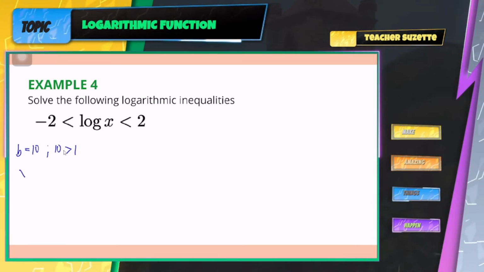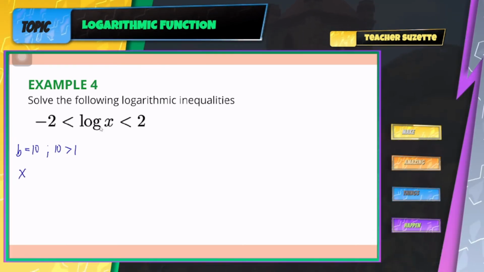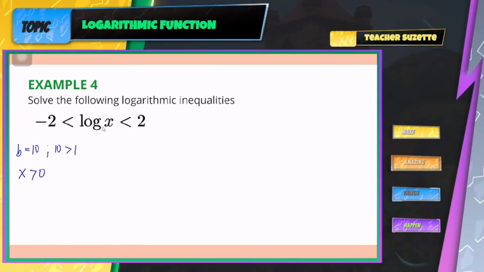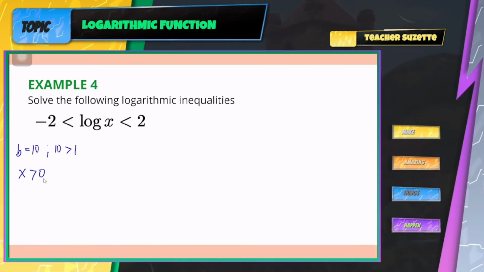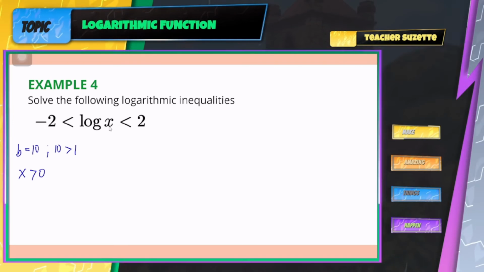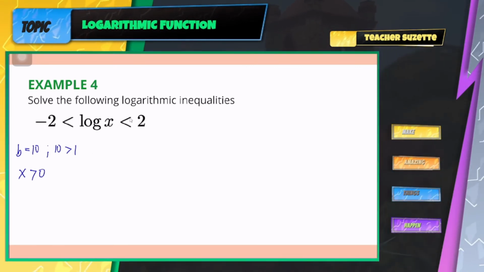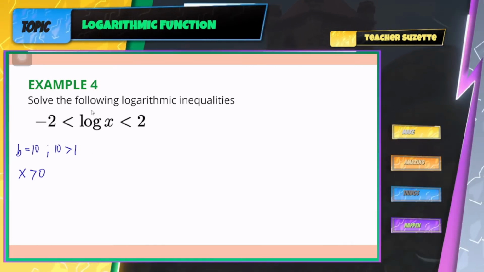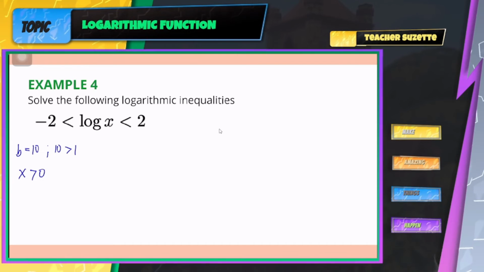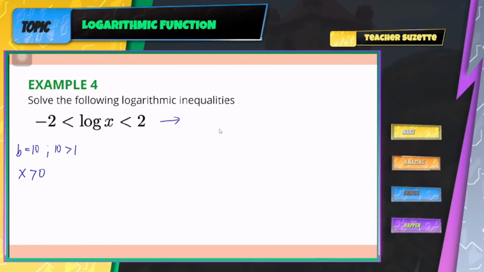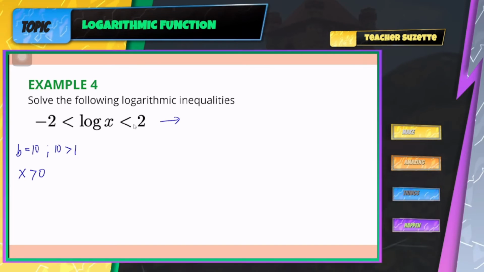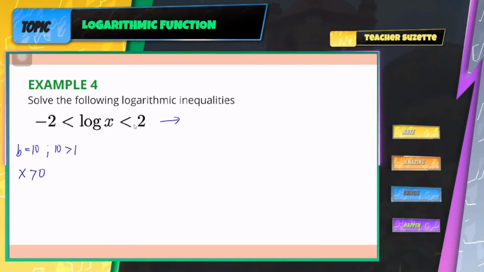Next, we have our x. The x that would make our logarithm defined is when x is greater than 0. Now, let's solve for our inequality. The best way for us to solve this is to split it into two, both the left side and the right side of the logarithm of x.